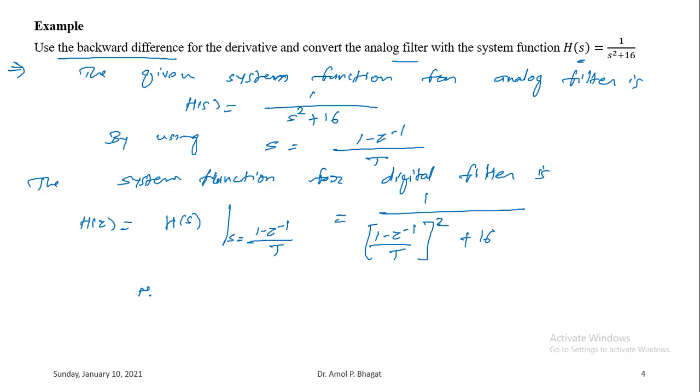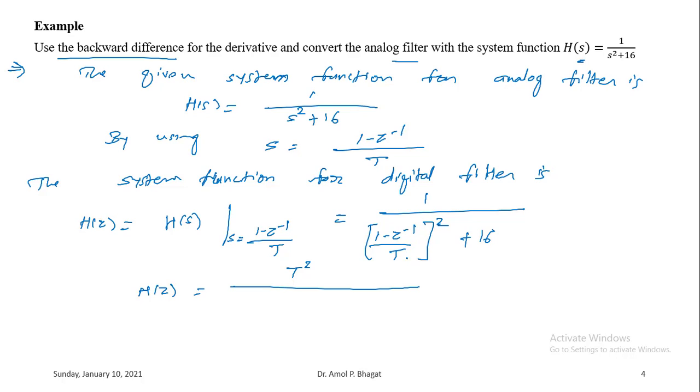So if you simplify it, H(z) will be, if you take the square of it, T^2 in the numerator, all upon 1 - 2z^-1 + z^-2, and this 16T^2 will be there.